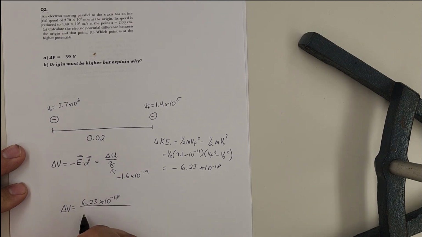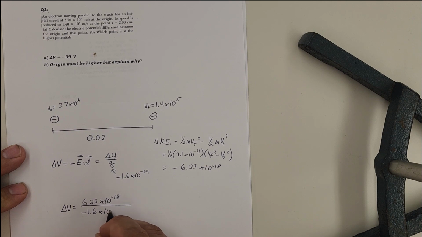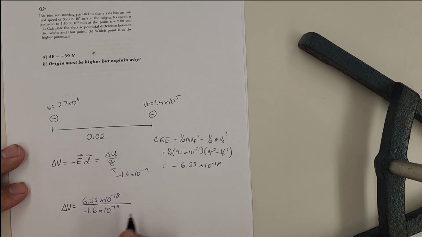And we're going to divide that by the charge, negative 1.6 times 10 to the negative 19 coulombs. Okay, joules per coulomb. Calculate this out, and we end up with negative 38.9, or as your answer goes, negative 39 volts.